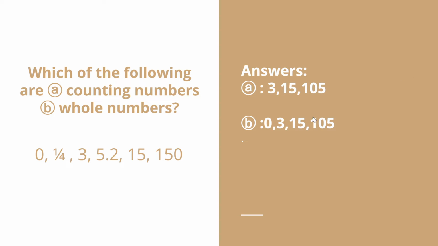Okay, time's up. The answer for counting numbers is 3, 15, and 105. For whole numbers it is 0, 3, 15, and 105. Just remember, whole numbers are counting numbers and 0.